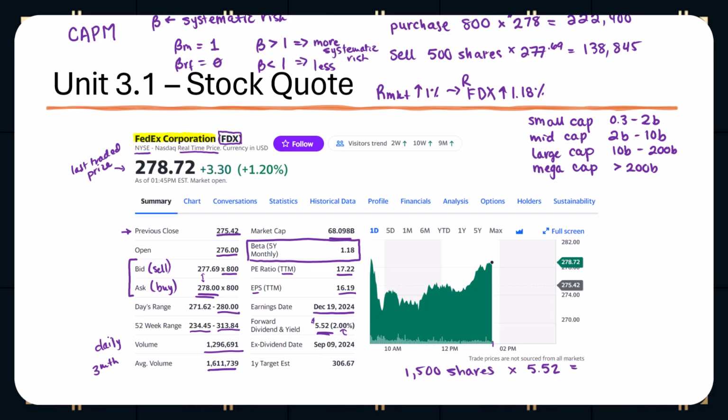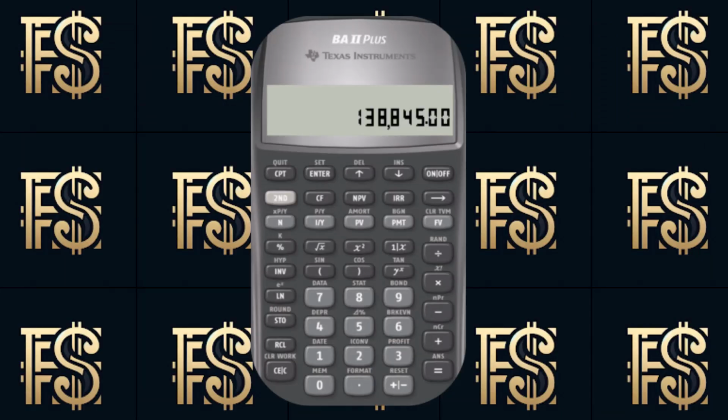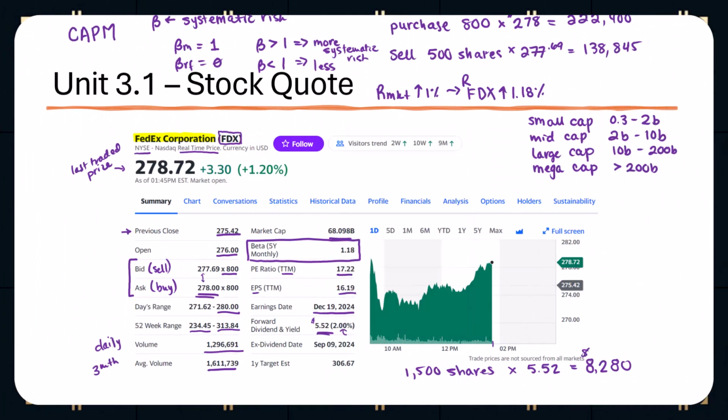That would give us the approximate expected dollar dividends to be received over the next 12 months. I know FedEx pays this on a quarterly basis, so we would divide by 4 to get the quarterly expectation, but that's okay. We'll do the full annual amount, and the full annual amount is $8,280 in total dollar dividends over the course of the next 12 months.